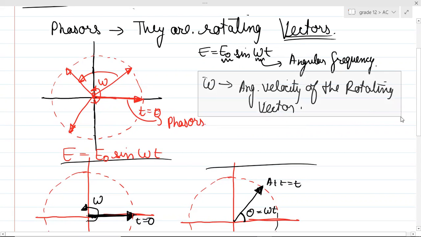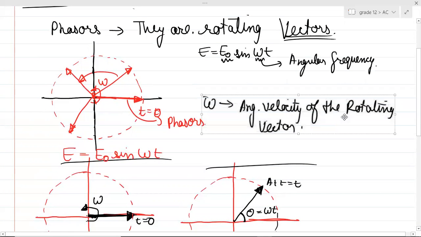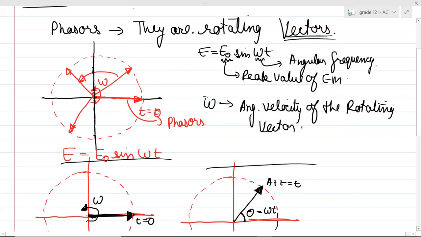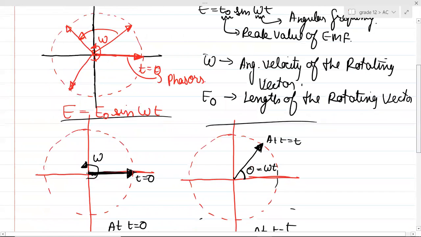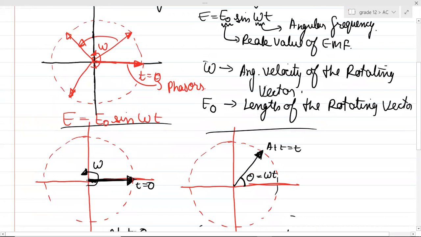And this E naught, what was E naught? Everyone? Was it the peak value of EMF? So in the case of phasors, this E naught will become the length of the rotating vector. Is this clear, guys? Can you see the radius of this particular circle, or basically the length of this phasor, is equal to E naught?